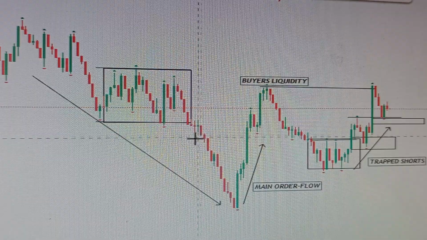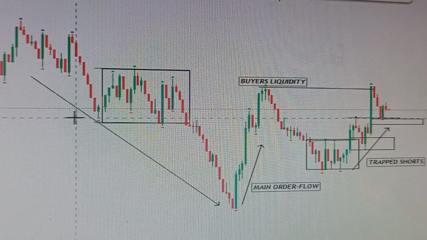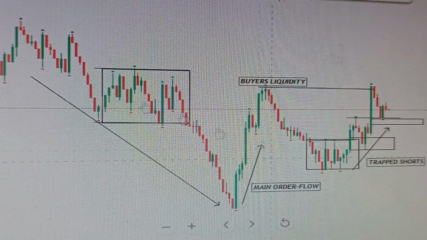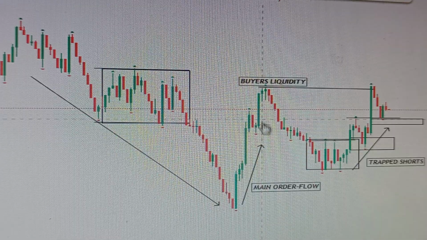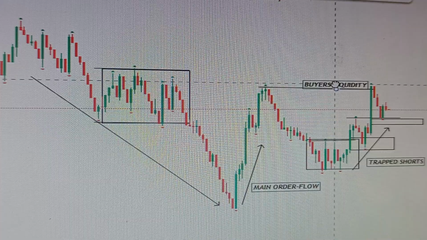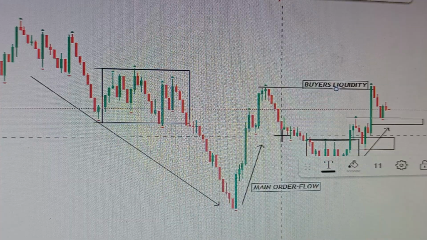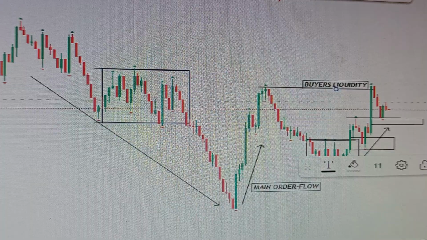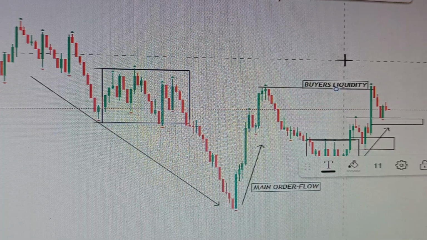Now it was time for the market to change the character, to give us that bullish movement that you see, that is current on that movement. So that is what you see there, guys.